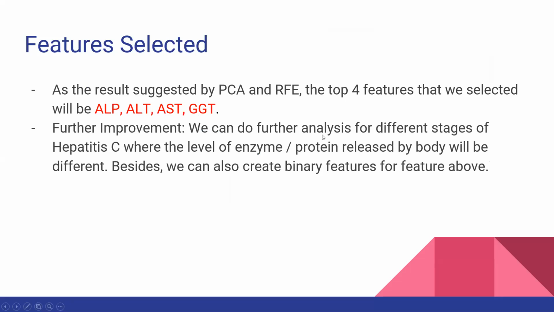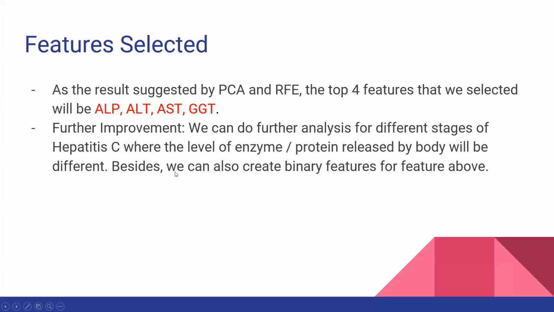What we are doing right now is only looking at hepatitis C, where the enzyme level itself and protein release is actually different at different stages of liver damage. So let's say we successfully classify those cases that are positive, we can further drill down to look into whether these patients are under fibrosis or cirrhosis.